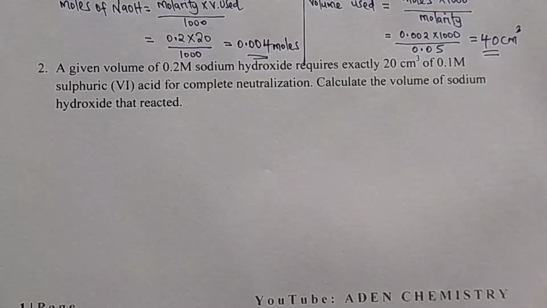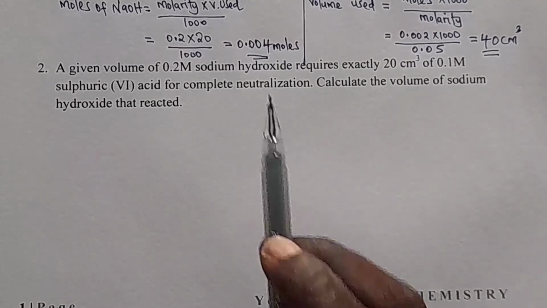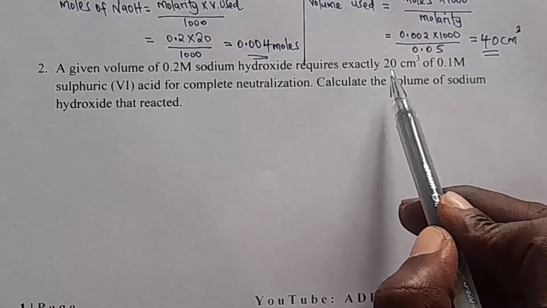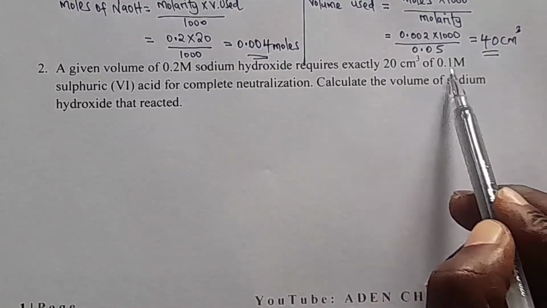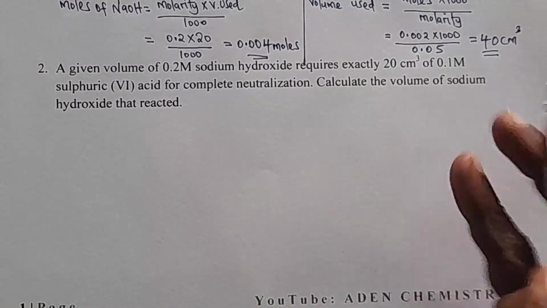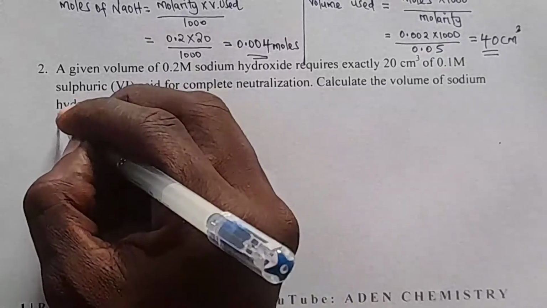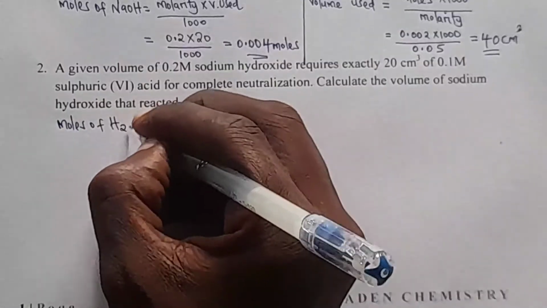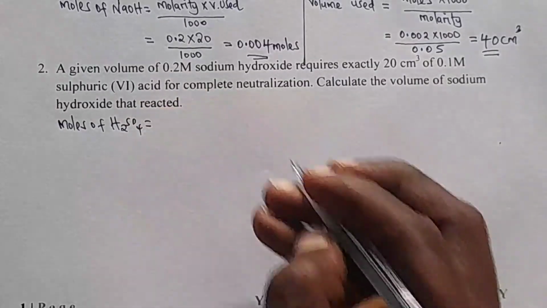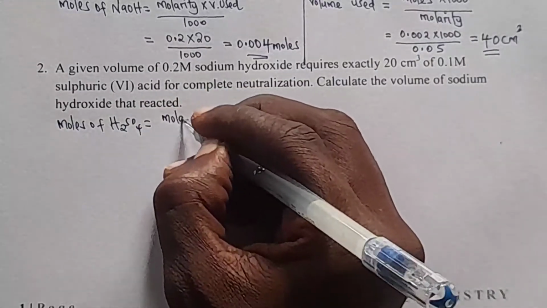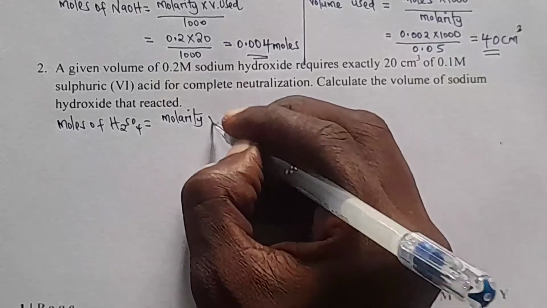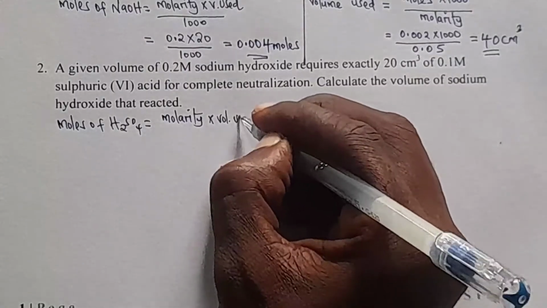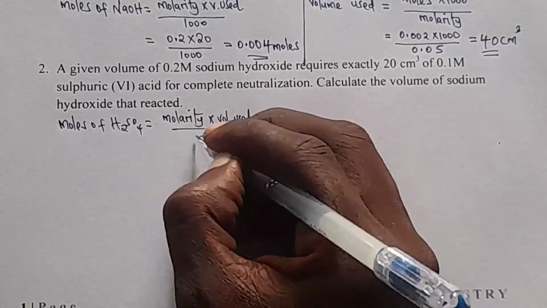So we have to start first of all by getting the moles of sulfuric acid, because we have the volume of sulfuric acid and the molarity of sulfuric acid. What is the formula for calculating moles? Moles is the molarity times volume used over 1000.